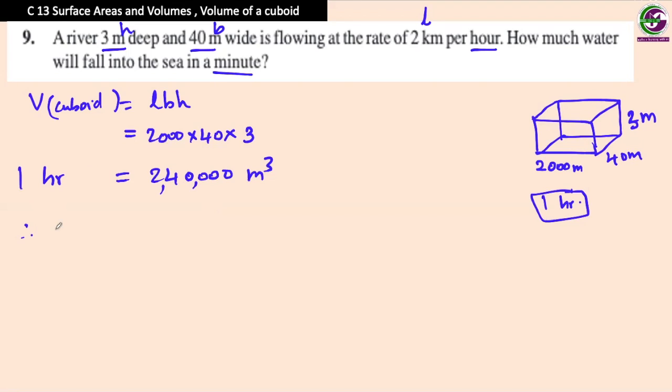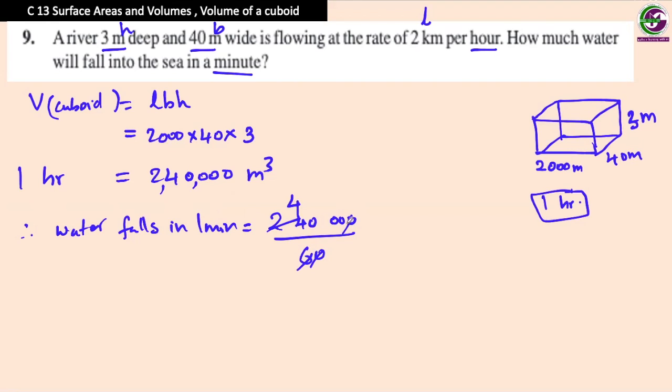So therefore, water that falls in 1 minute is 2,40,000 divided by 60, because our hour has 60 minutes. So 2,40,000 divided by 60 will be 4,000.